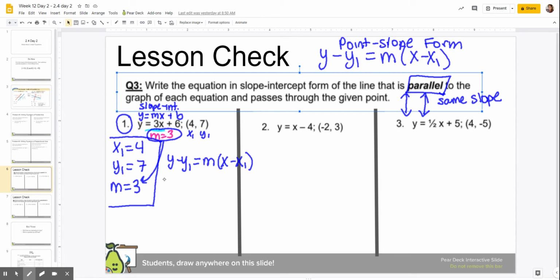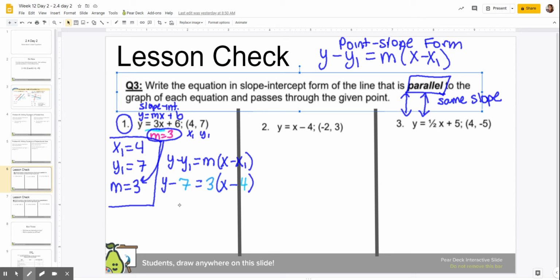So I have y minus y1. I know y1 is 7. My slope is positive 3. And x minus my x1 is positive 4. All right.